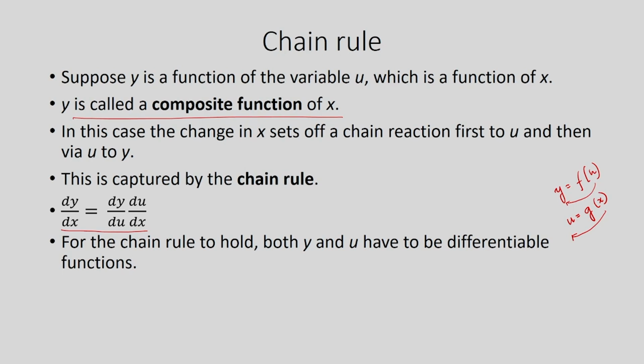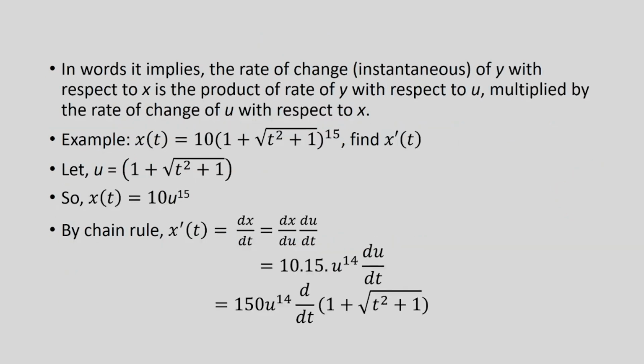For the chain rule to hold, both y and u have to be differentiable functions. That is very obvious, because you have to be able to differentiate g with respect to x and f with respect to u. Only then you can talk about these terms on the right hand side of the chain rule. In words, what does it mean?